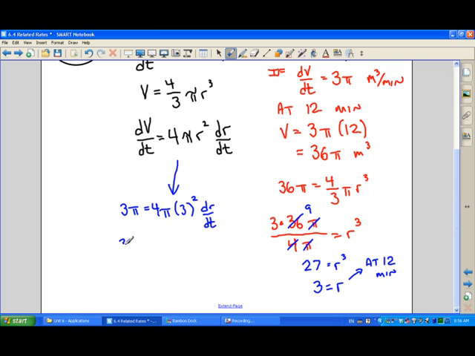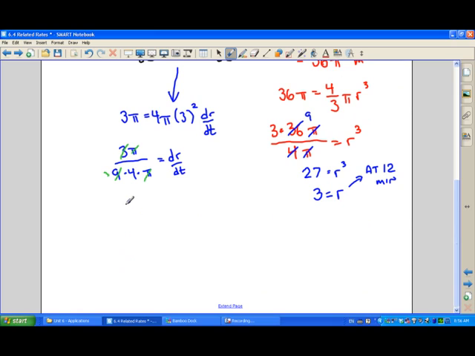Again, simplifying this, 3 pi over 9 times 4 times pi is going to be equal to dr by dt. Canceling some of these terms out, I'm left with 1 over 12 equals dr by dt.